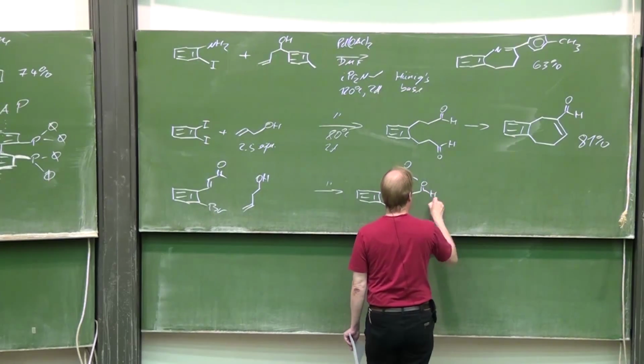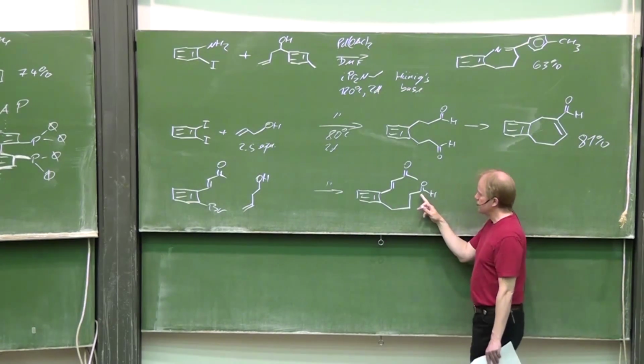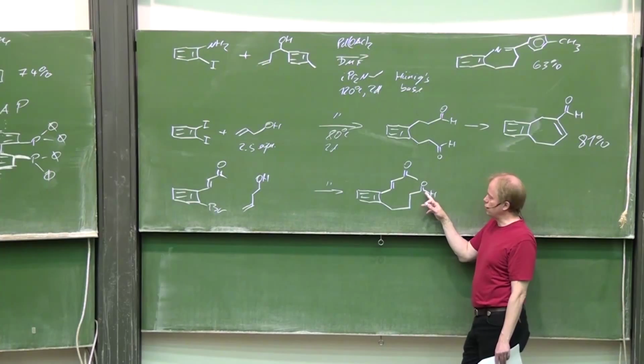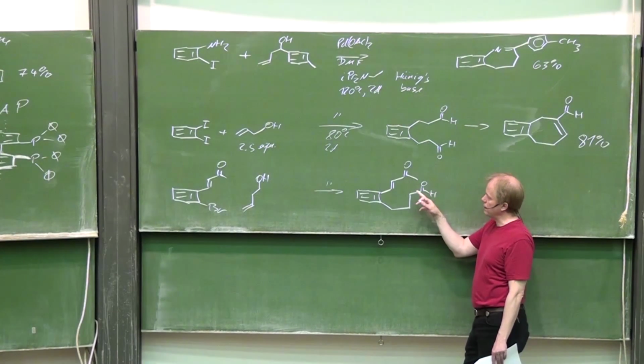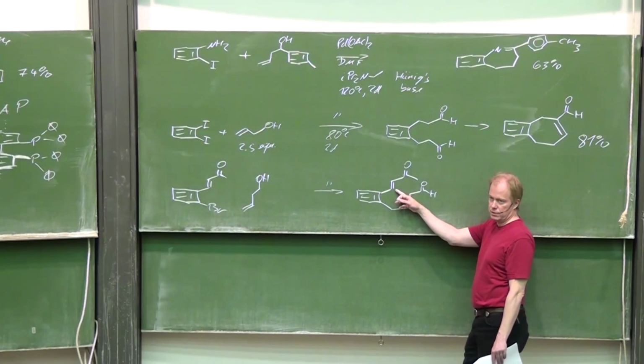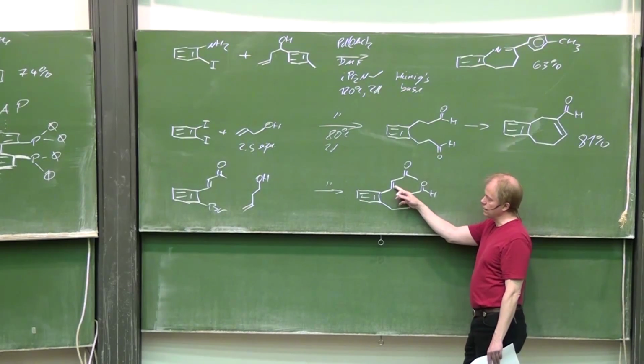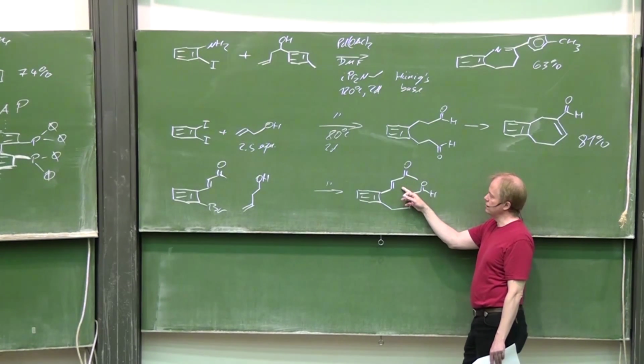So, the enol could tautomerize to the aldehyde, and have a look at that setup here. It's well suited for some kind of Robinson annulation. Maybe the enol doesn't tautomerize, but directly will undergo a Michael addition reaction.